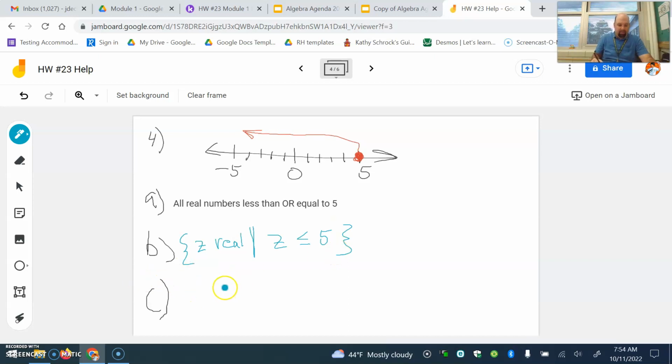And then for the inequality, just simply Z less than or equal to 5. If you want to be cute about it, you can do Z plus 4 less than or equal to 9. There you go. Subtract 4 from both sides, you get 5. All right, 2 more.